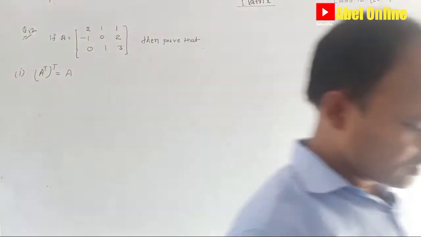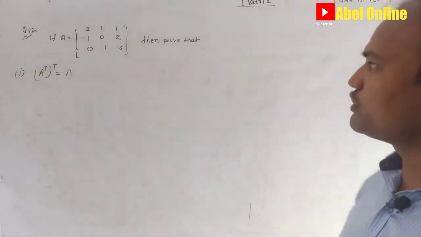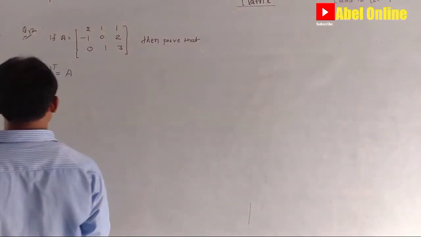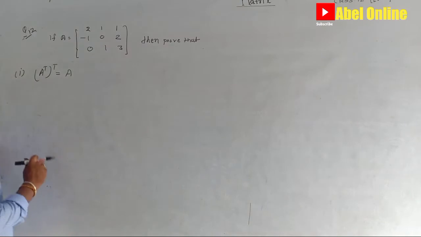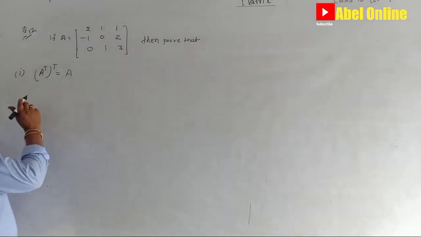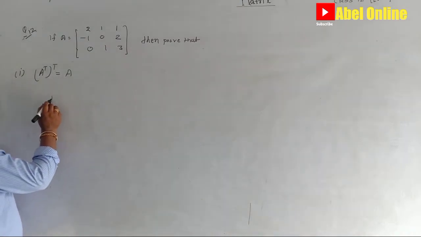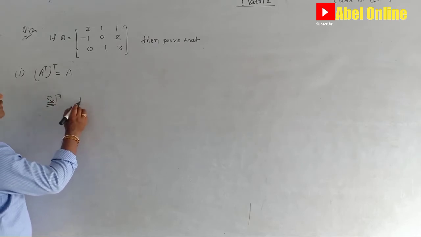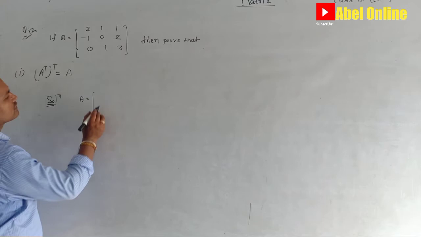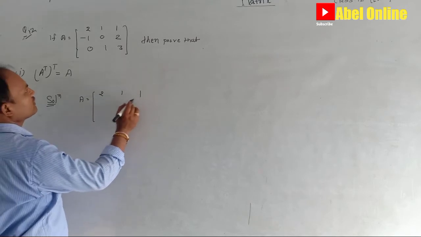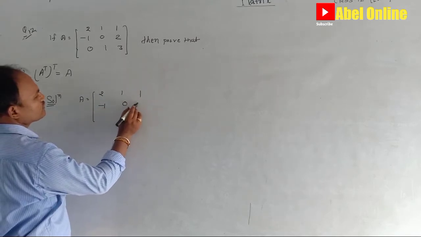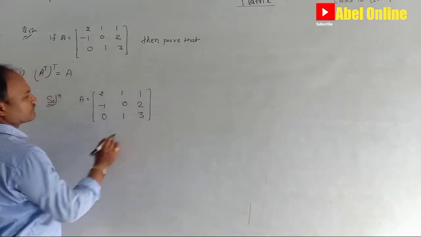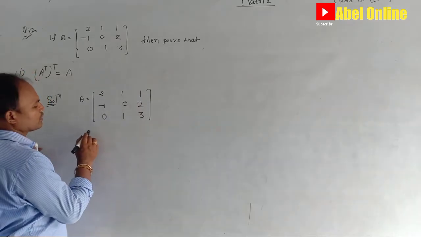This is also a statement that it is always true that (A transpose) transpose is A. So what about the solution? We are going to solve this question. A is 2 1 1, minus 1 0 2, 0 1 3, as given.